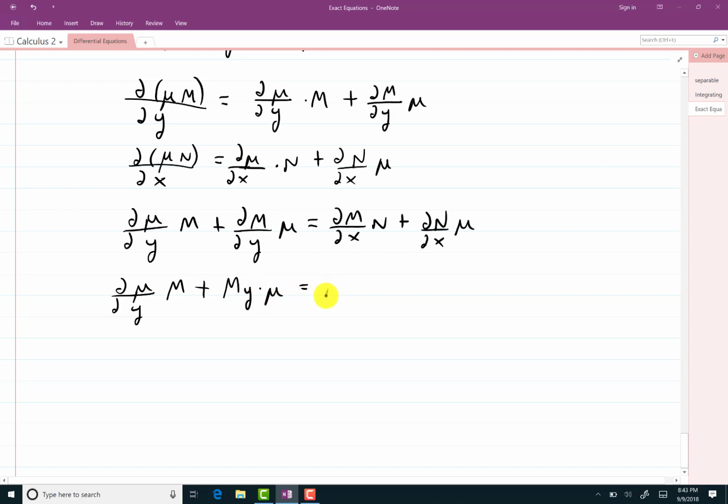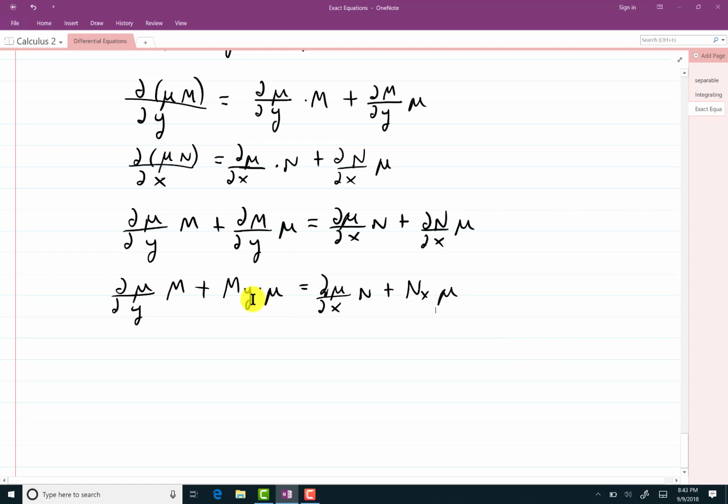That equals, that's supposed to be a mu there. My mu's got a little out of hand. So I have the partial of mu with respect to x, n, plus the partial of n with respect to x, which is called n sub x, times mu. These two things have to be equal to each other.